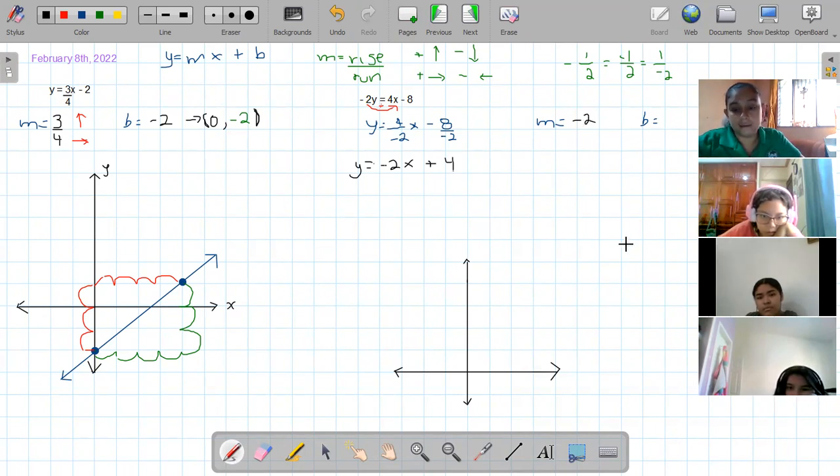And what is B? 4. And we need to write it as an ordered pair, so it's going to be (0, 4), okay?